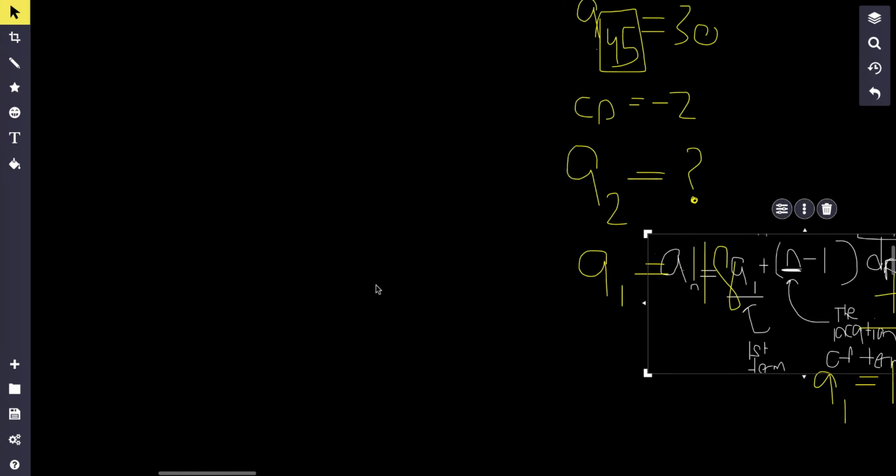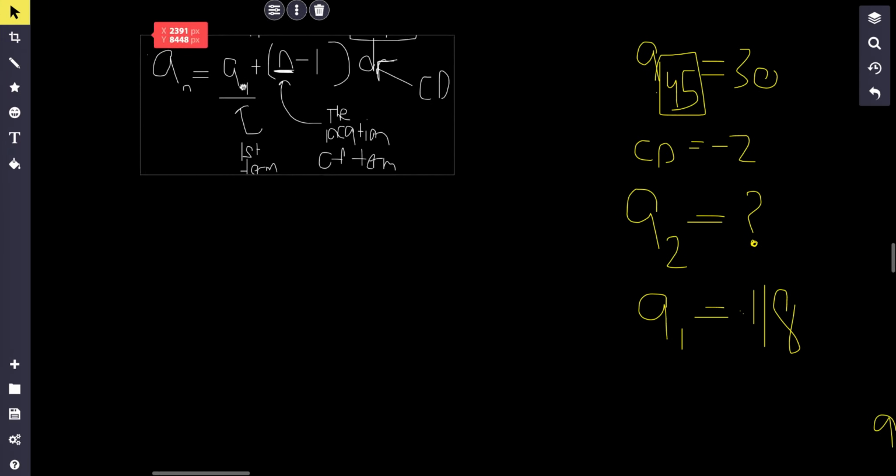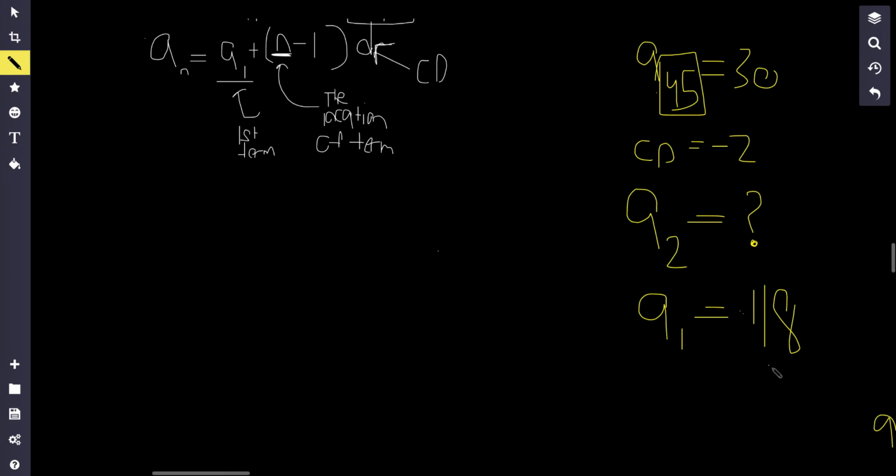Okay? So let me just move away like this. Now that we know that the first term is equal to 118, well, now I can find a sub 2. Look at this. So a sub 2 is going to be equal to the first term, which we now know was 118, plus n minus 1, times the common difference. We're on the second term, right?